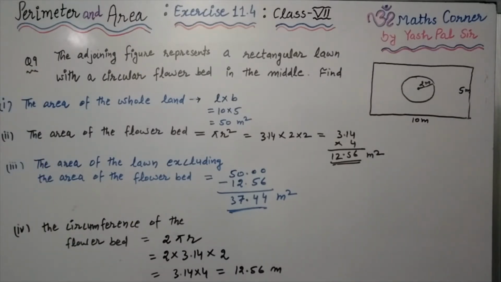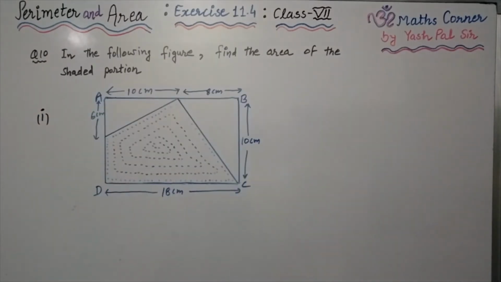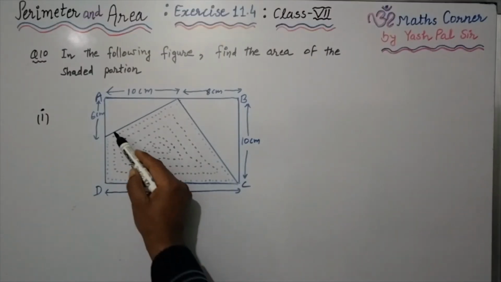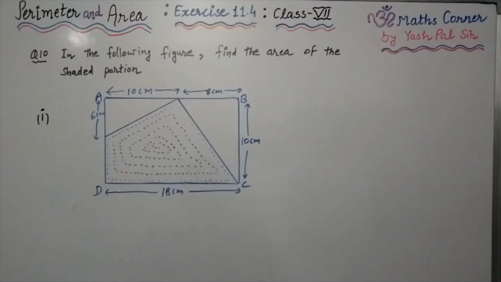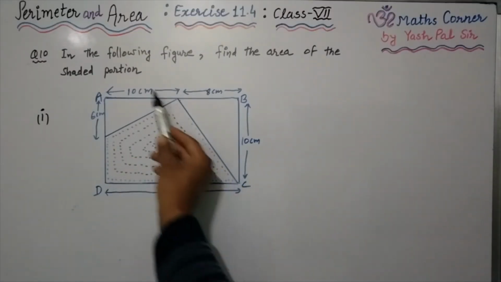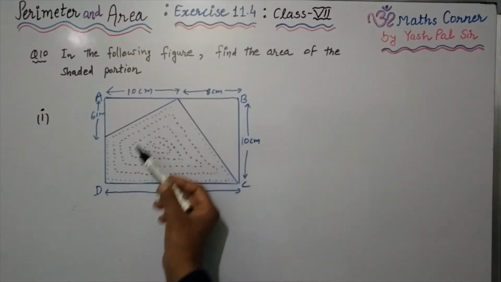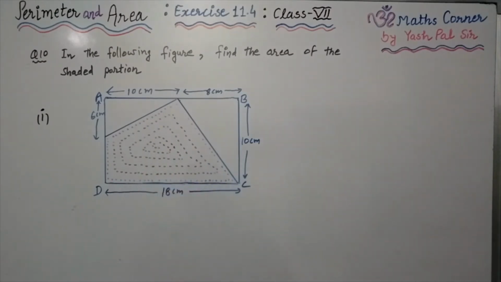Now next, question number 10: in the following figure, find the area of the shaded portion. This is the shaded portion. So first of all we see that this is the full rectangle.